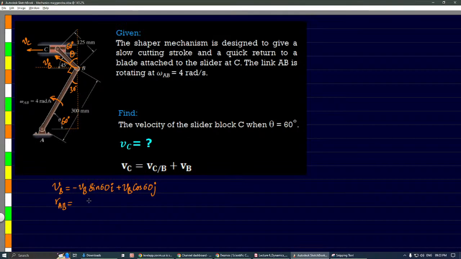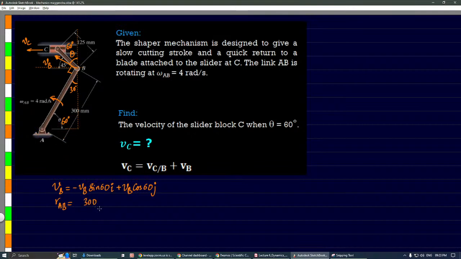So RAB. What is RAB? RAB is 300 cos 60, if you take, you will get horizontal.